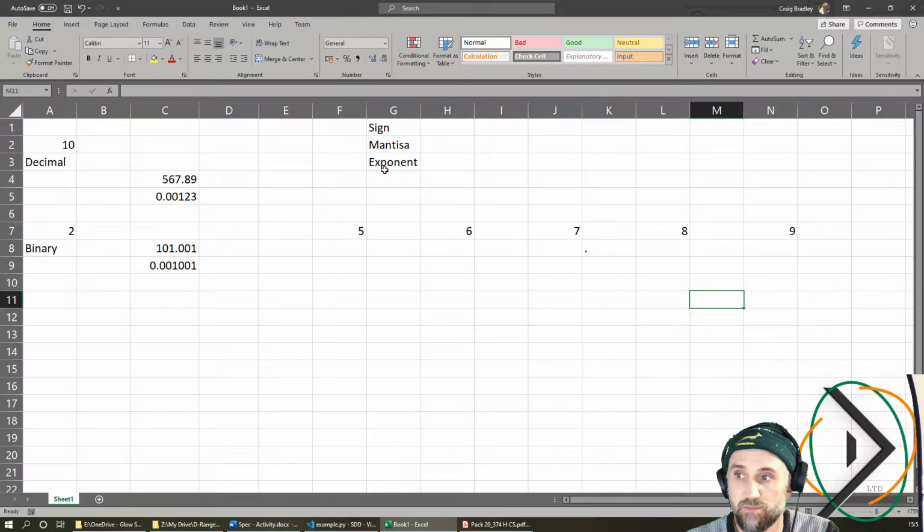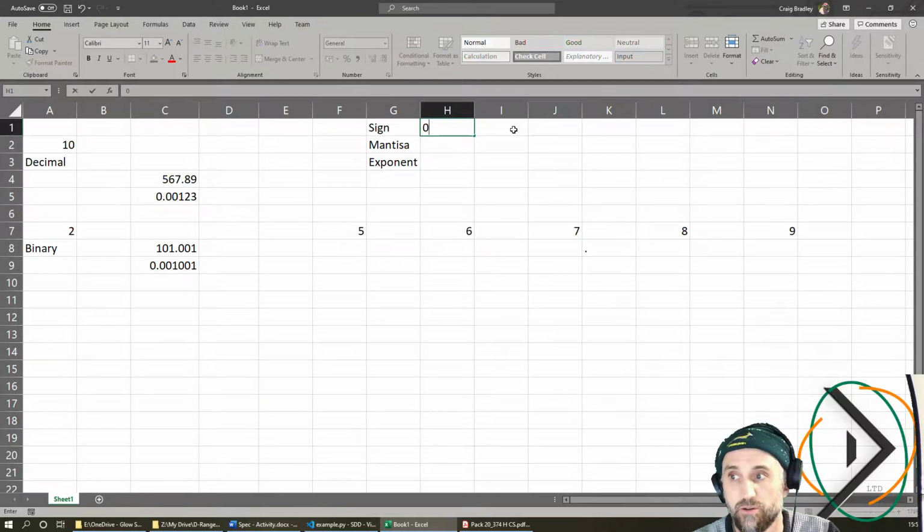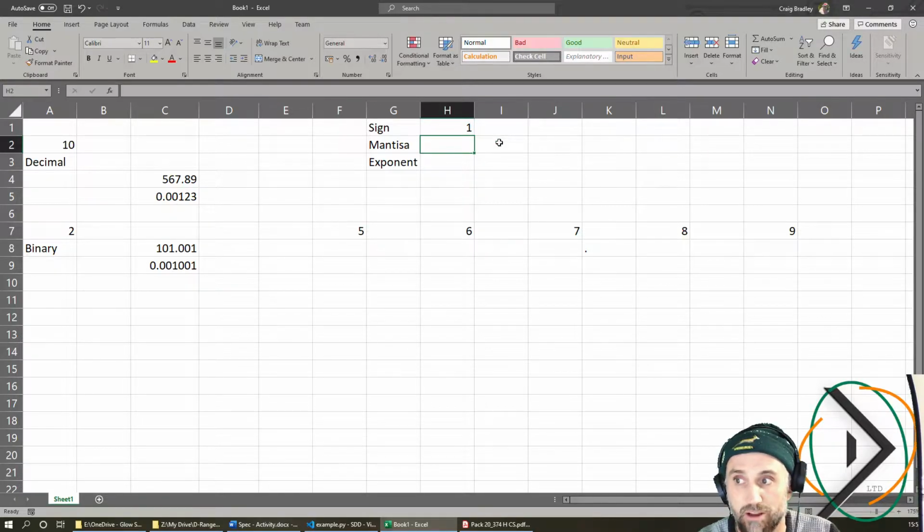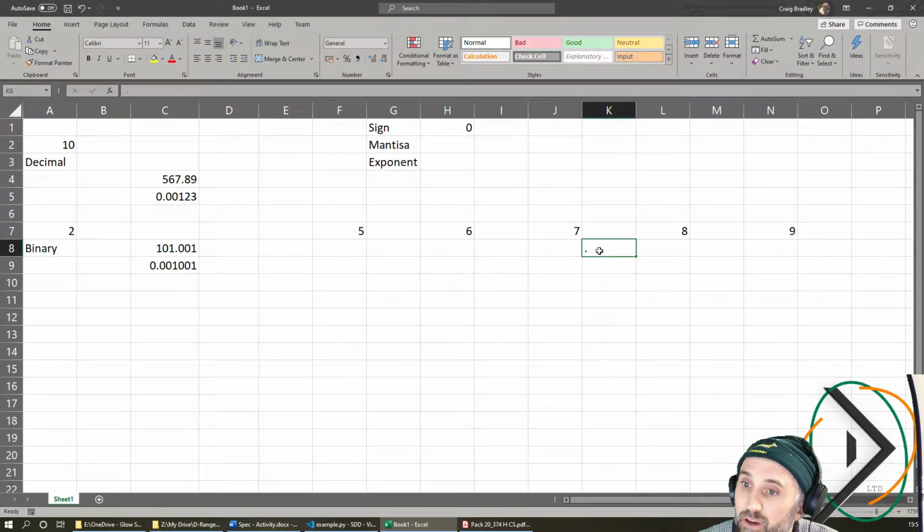On the left can just be a sign, which 0 is positive. So we're only going to go through positive numbers for now. All you would do is change it to 1 to be negative. So 0 positive, 1 negative. All my examples here are positive, but literally to change them from positive to negative, you just change 0 to 1. So we're going to move our decimal place here 1, 2, 3 places to the left.